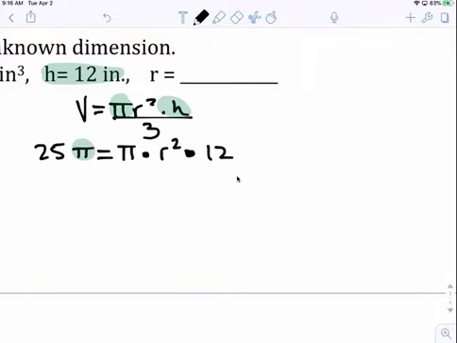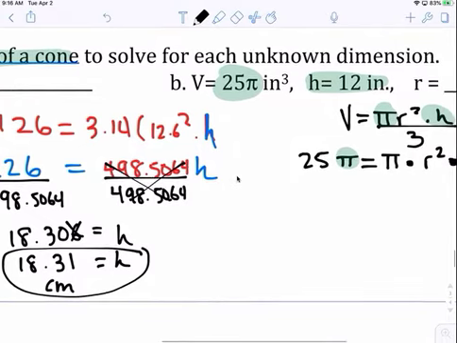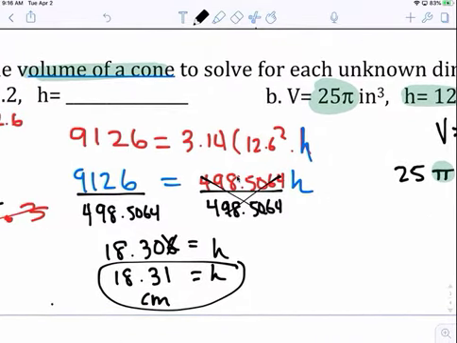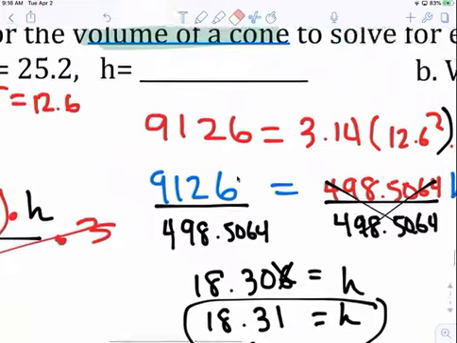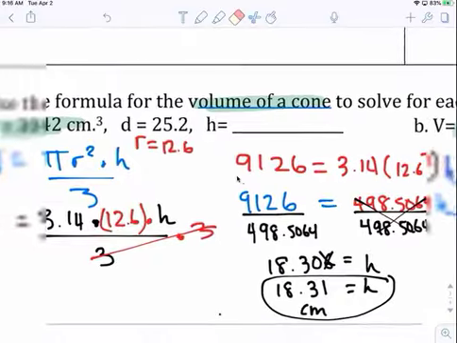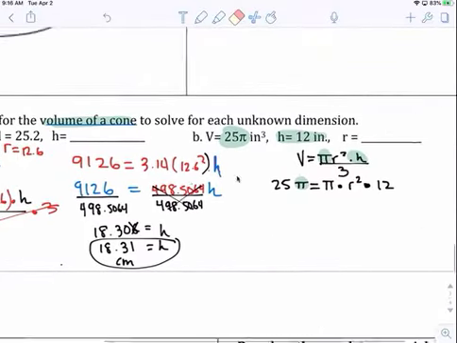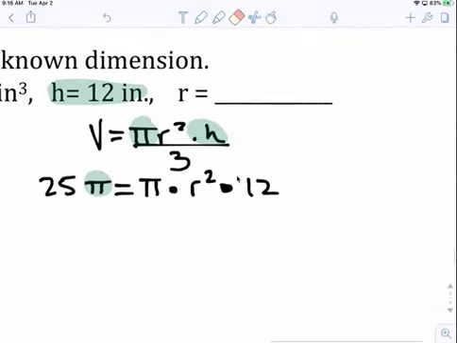Okay, now we've got two things to get rid of. There are two ways to have done this. First we got rid of the 3, which was divided by 3.